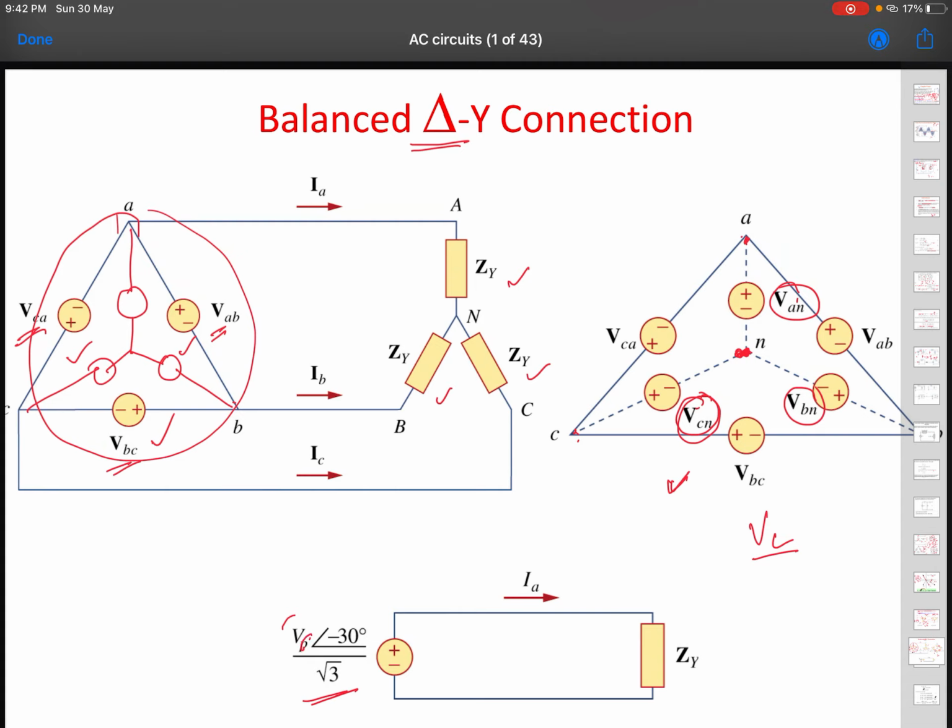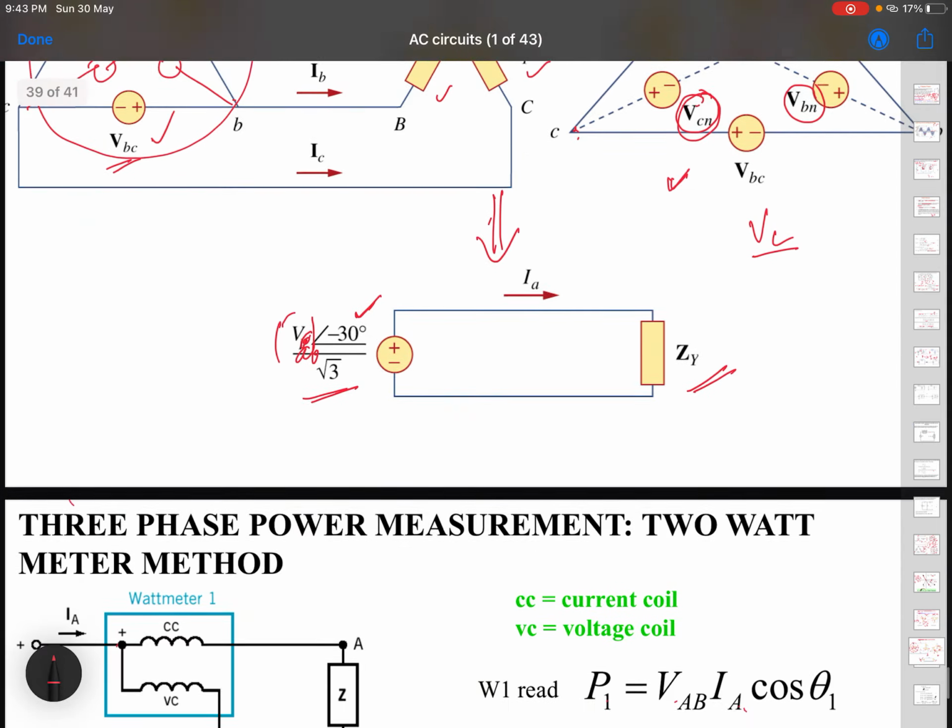So whatever the magnitude of VAB, that by root 3 is the equivalent phase voltage, at an angle of 30 degrees, and this is ZY, which is already in a star connected fashion. So I can use this equivalent single phase system to calculate the currents in a 3-phase system. So that is how you tackle a balanced delta-Y connection for making your calculations simple.